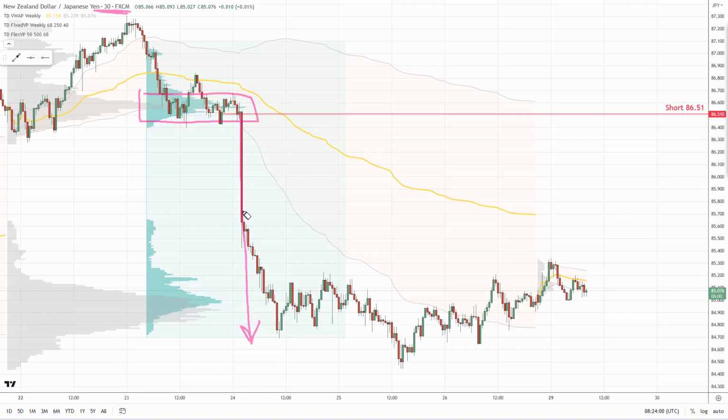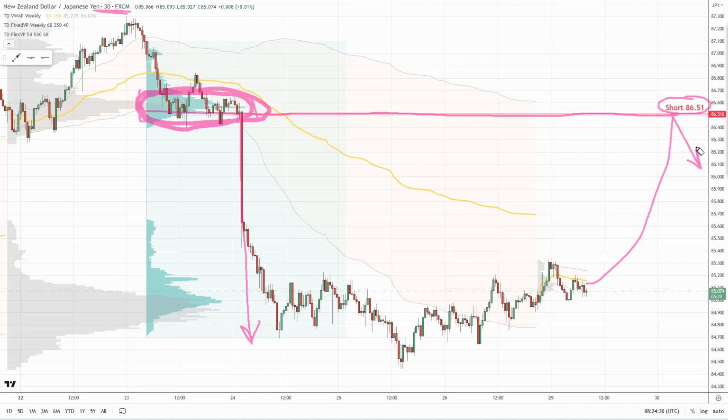Because there was a downtrend, it is telling us that strong sellers were accumulating their shorts in here, and then they manipulated the price to go downwards. So when there's a pullback to the beginning of that heavy volume zone, which is at 86.51, then chances are there'll be a reaction as sellers from here will want to defend this zone, which is clearly important for them, and push the price downwards again.